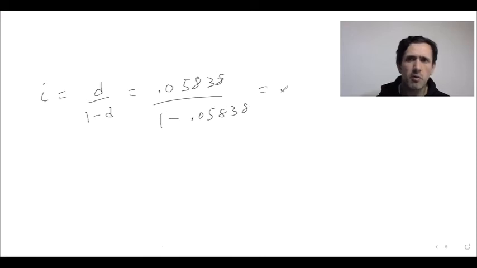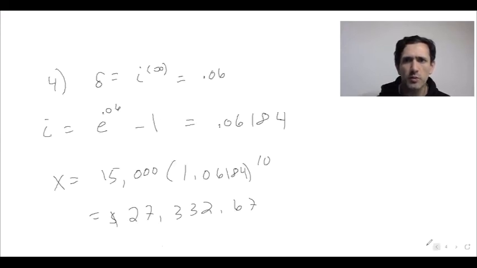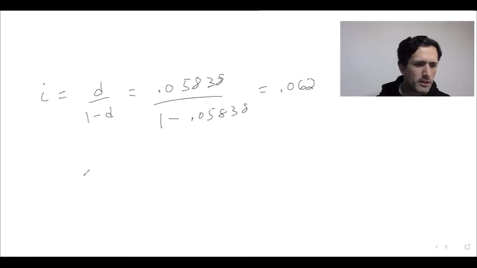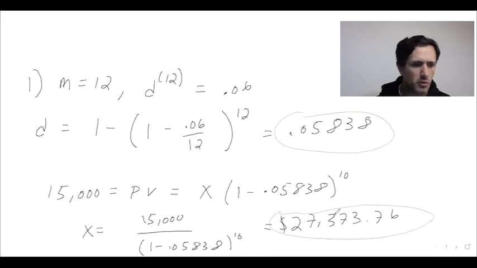And this gives me 0.062, which is fairly close to the interest rates we get in 3 and 4. And we got, remember, in 1, the liability is worth $27,373 and 76 cents.